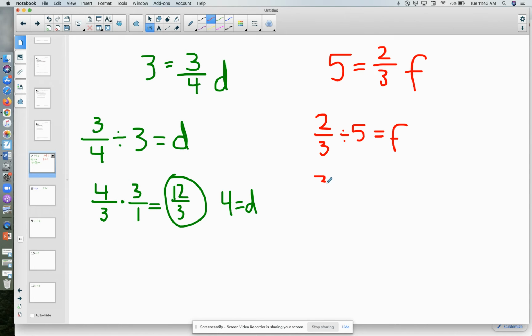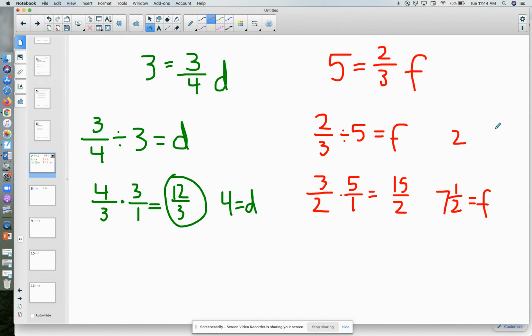Then we reciprocal the 2/3, change it to multiplication, and then we change this into 5/1, because that's how you write 5 as a fraction, 5/1. So then you multiply it, that's 15, and then that's 2. Okay, you can leave it like that, or you can change it to 7.5 equals f.